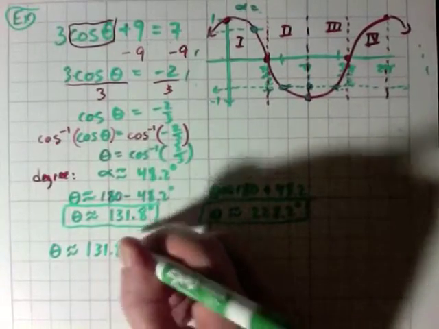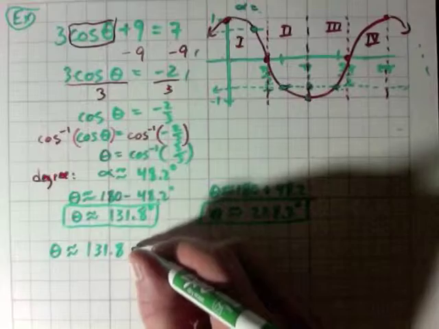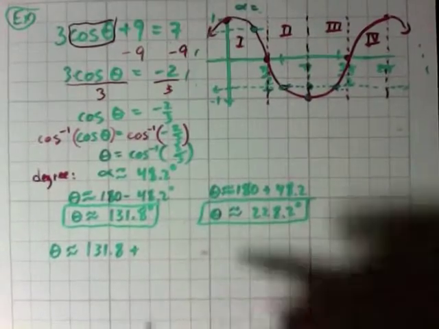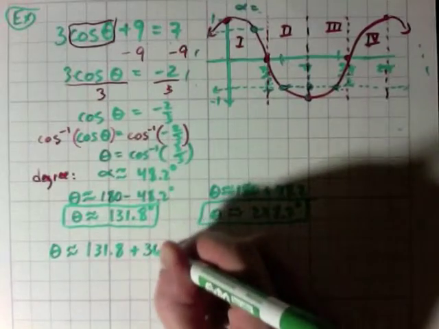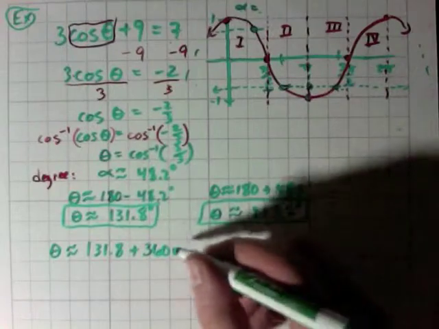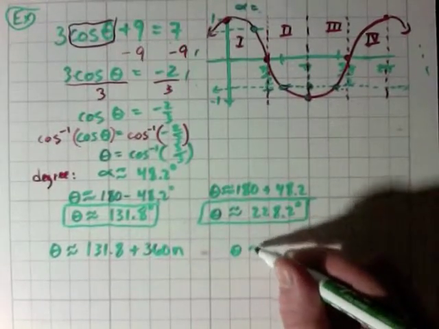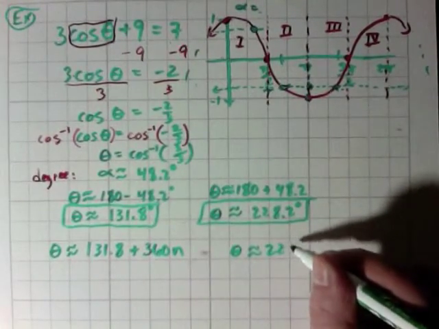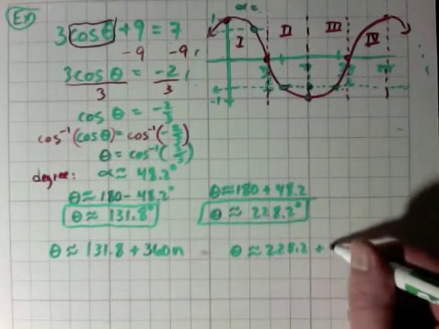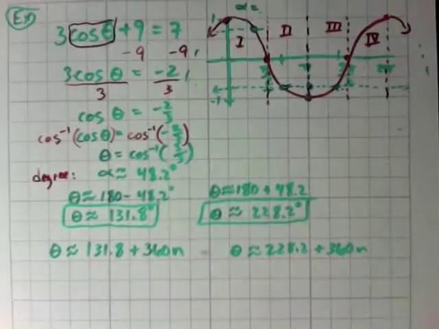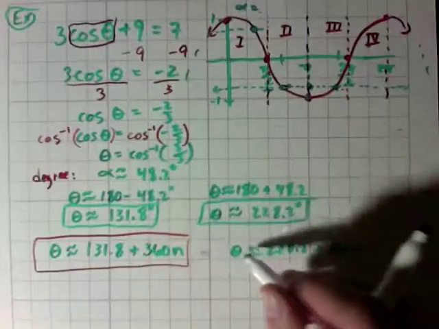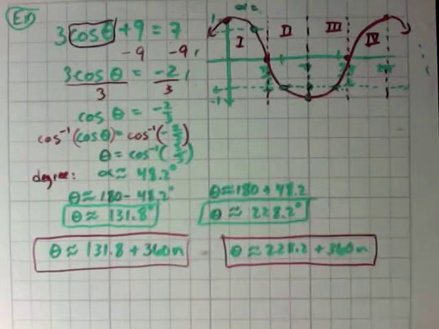So that would be 131.8, and to find a coterminal angle in terms of degrees, I would be adding 360 degrees, one full circle, and multiply by n. Or for this angle over here, 228.2 and add 360n to find the coterminal angles there. And these would be all possible solutions of the original equation.